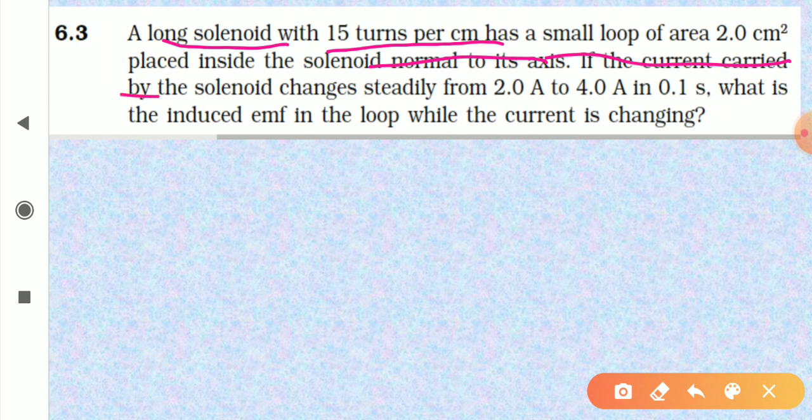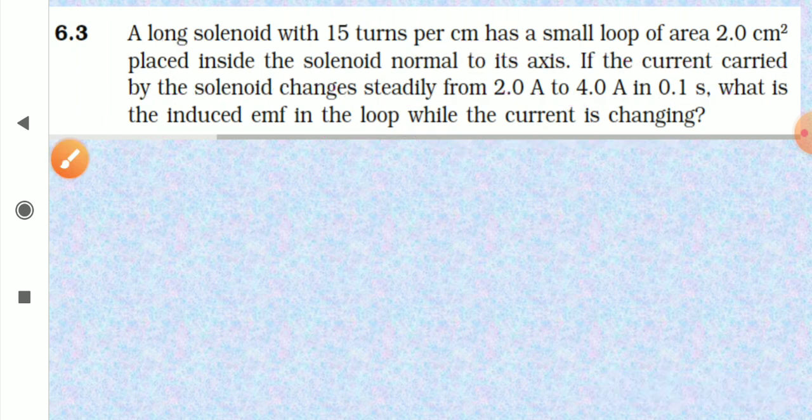If the current carried by the solenoid changes steadily from 2 ampere to 4 ampere in 0.1 second, what is the induced EMF in the loop while the current is changing?